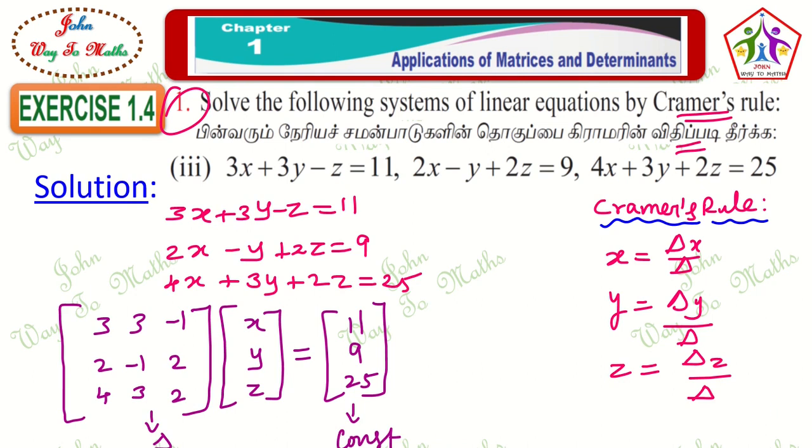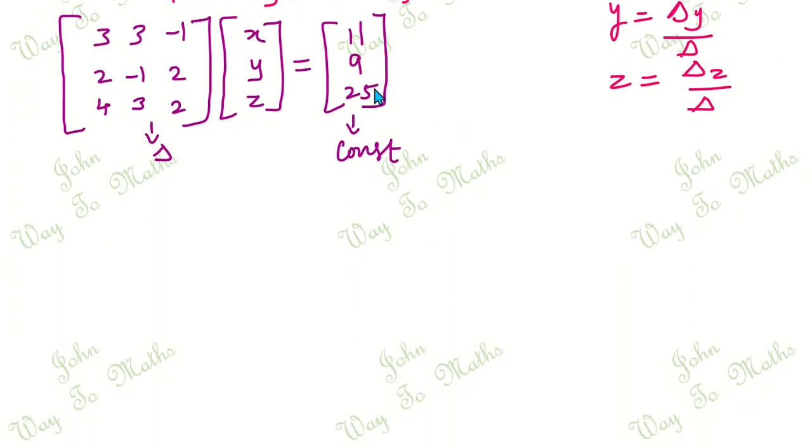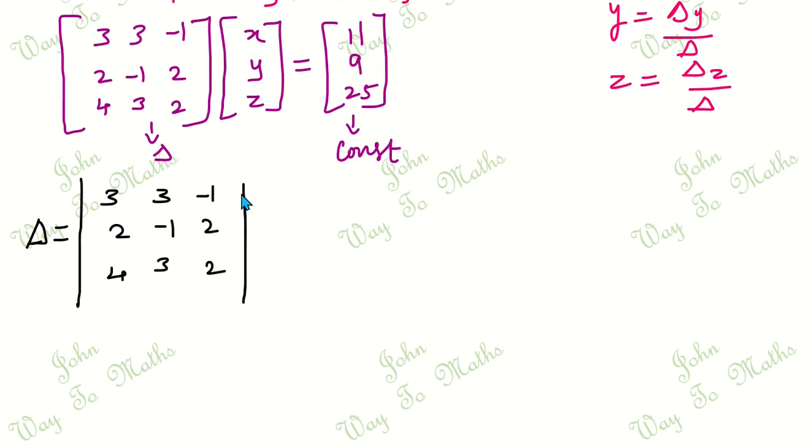So first I am going to write the delta matrix. Delta means I am going to find the determinant of the delta matrix. So delta becomes the determinant of 3, 3, minus 1; 2, minus 1, 2; 4, 3, 2. First I am going to give the signs plus, minus, plus. So which is equal to, so first row மட்டும் expand பண்ணிக்கலாம்.